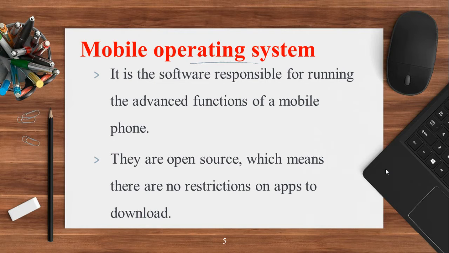So now we are going to see mobile operating system. It is a software responsible for running advanced functions of a mobile phone. Okay, so in olden days they used to have a basic model mobile phone. That mobile phone had the Symbian operating system, which they used to text and receive calls. They didn't have much in those mobile phones. But nowadays through a mobile phone you can just say it is a mini theater.